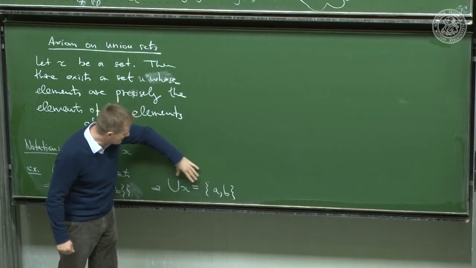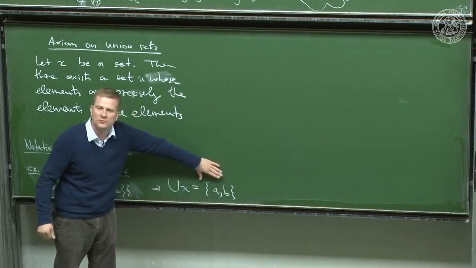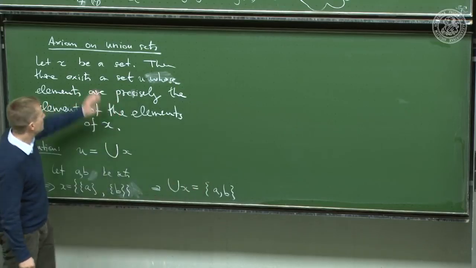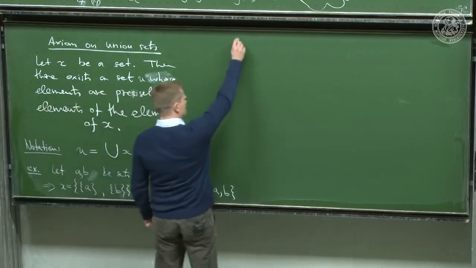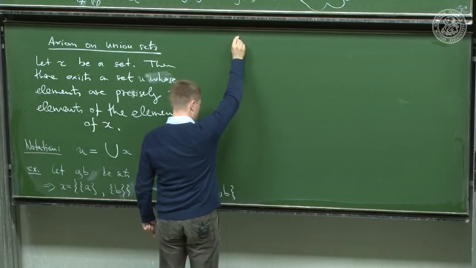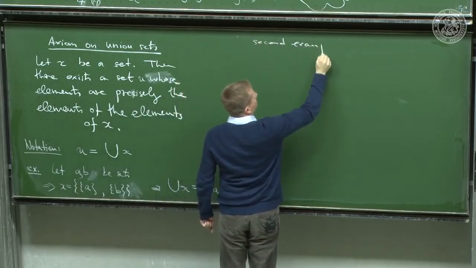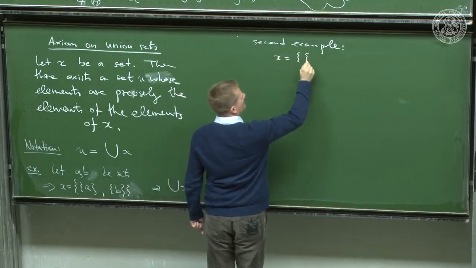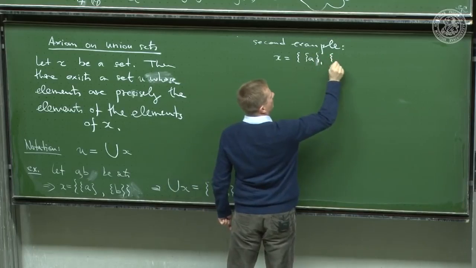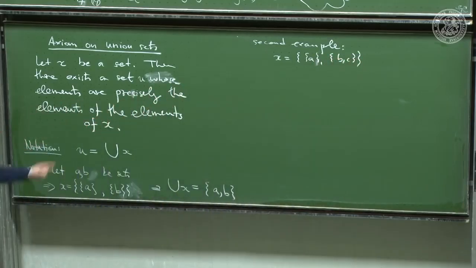And that is what the union set axiom assures us of. What comes out here is a set, independent of whether we previously know it's a set. Here we knew previously this is a set. But the union set axiom says it's always a set, whatever set X you started with. So the second example would be: we know that if we start with X equals A, B, C, so the example I first wanted to write down, we know this is a set.